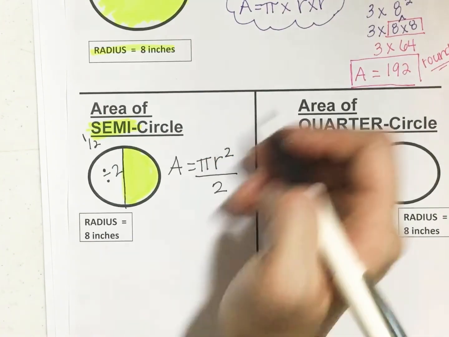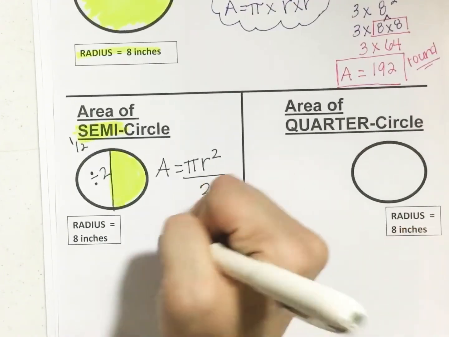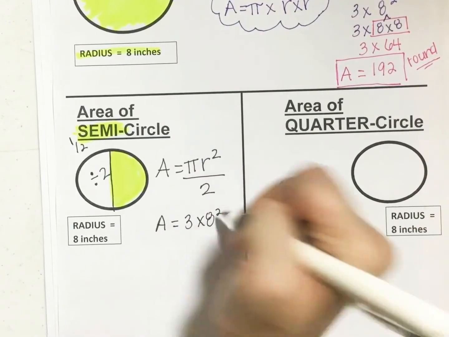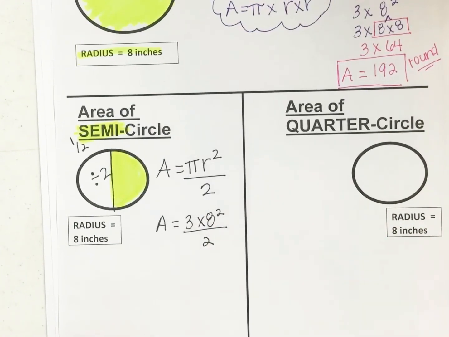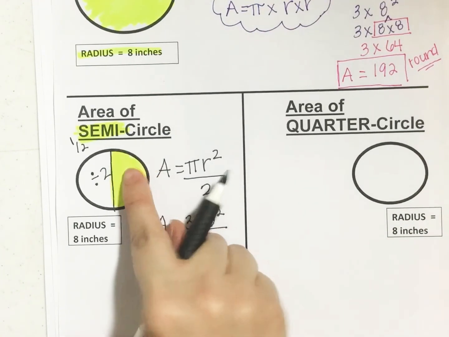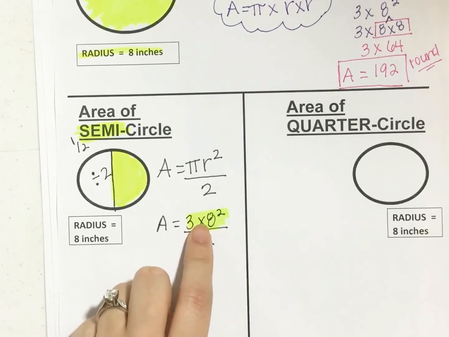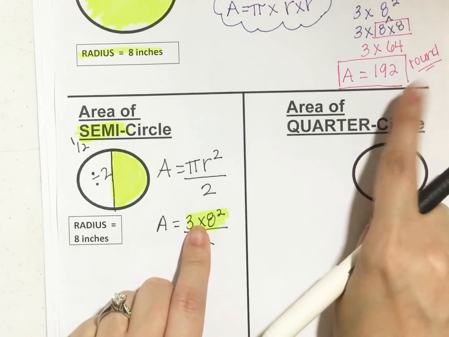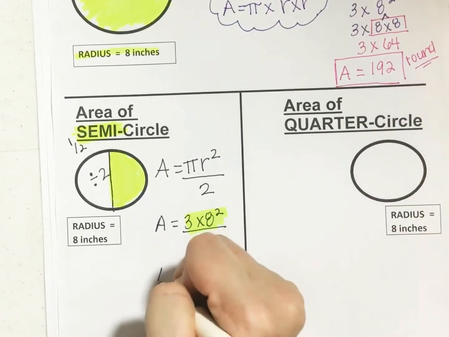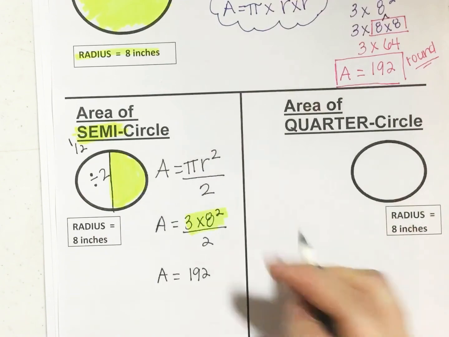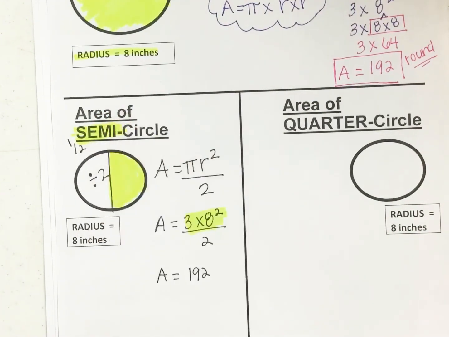I had already done the math over here. I had already done 3 times 8 to the second power. Now I have to divide by 2 at the end because I want half of it. 3 times 8 to the second power gave me 192. So 192 is a full circle. I want to get half of it, the semicircle.